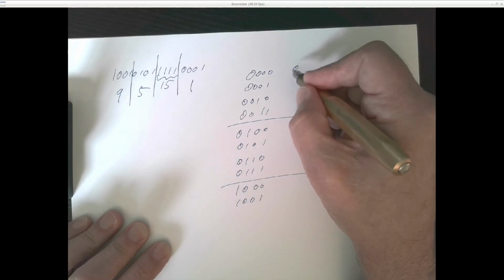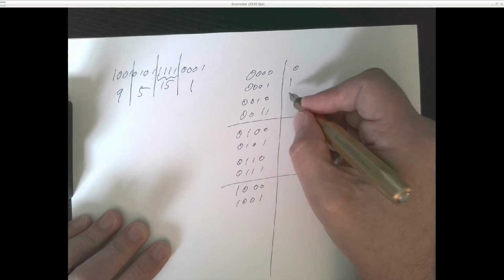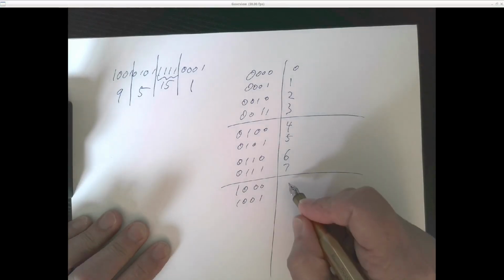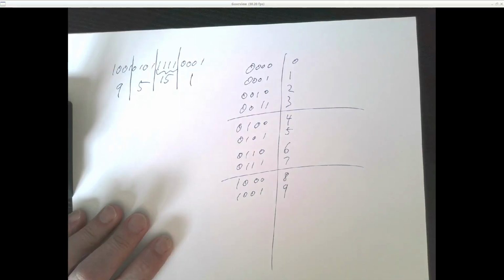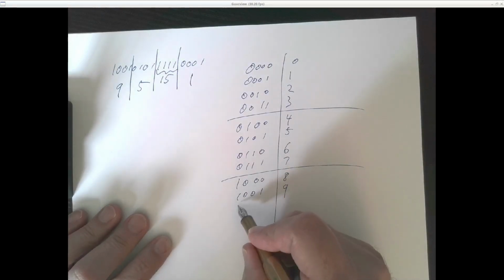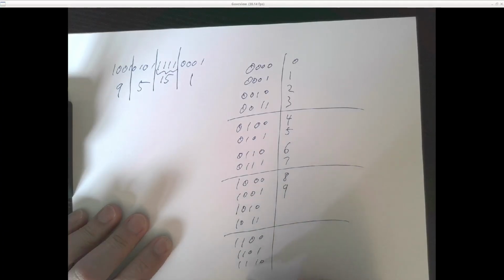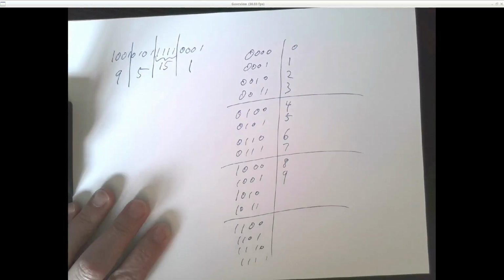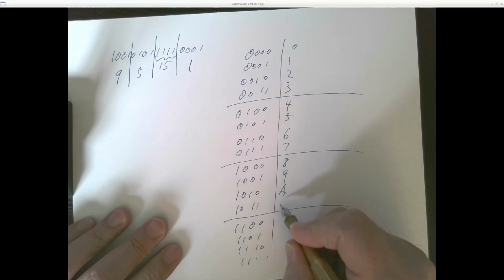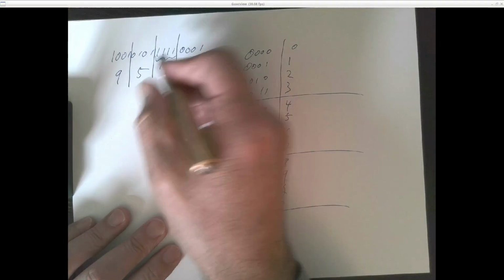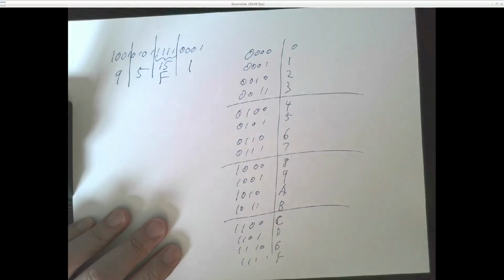So these are all just the numbers 0 through 9. Right, and that's just adding up powers of 2. But for these last 6 cases, we use a new symbol, which is the letter A through F. So for this 1, 1, 1, 1, I would actually write the letter F.